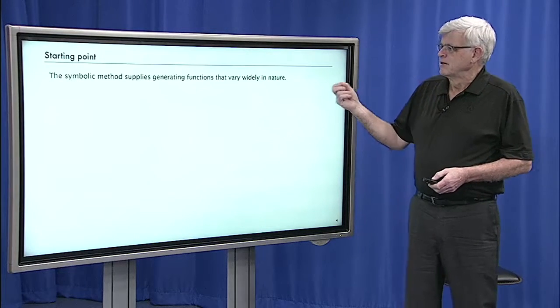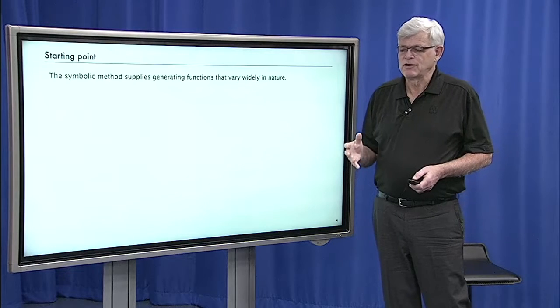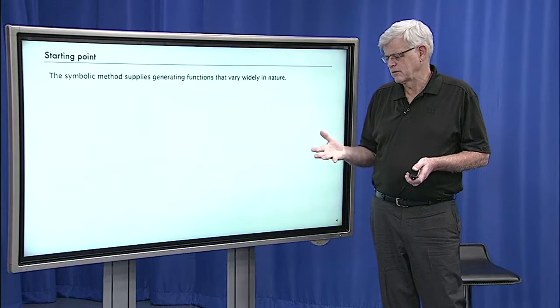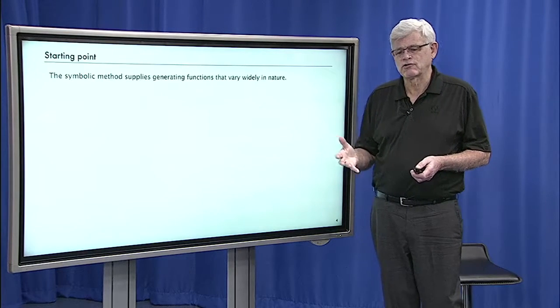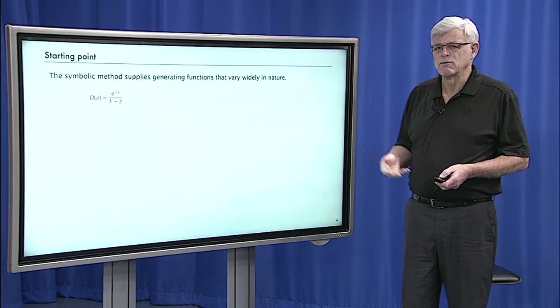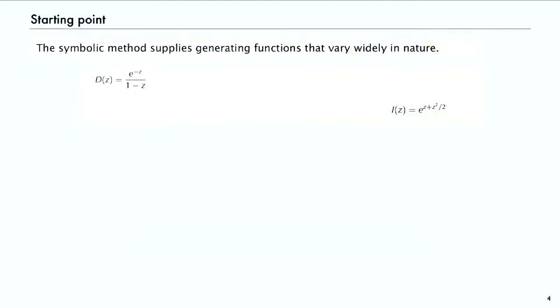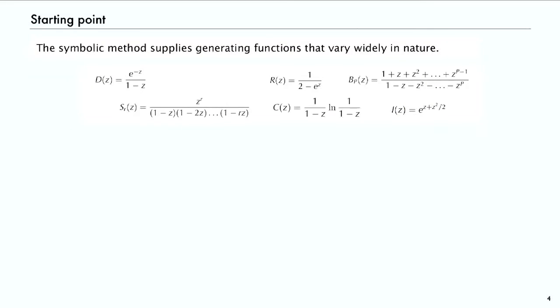So our starting point is that with the symbolic method, we saw that we had tools, combinatorial constructions, and transfer theorems that give us generating functions that vary widely in nature. That's the generating function for derangements, that's for involutions, that's for surjections, and so forth. And these functions are all quite different in character.